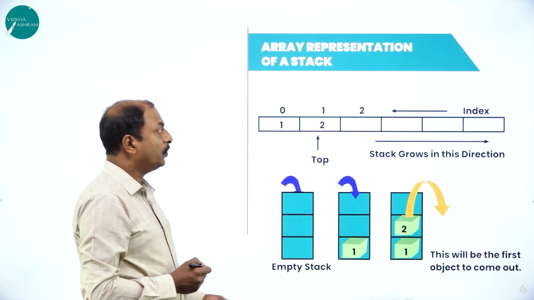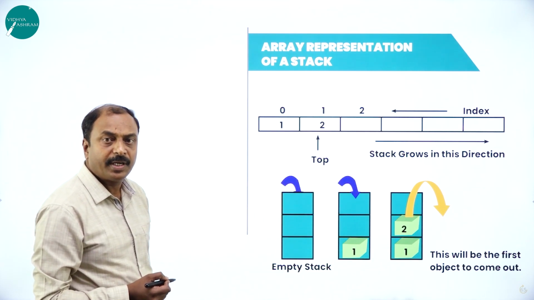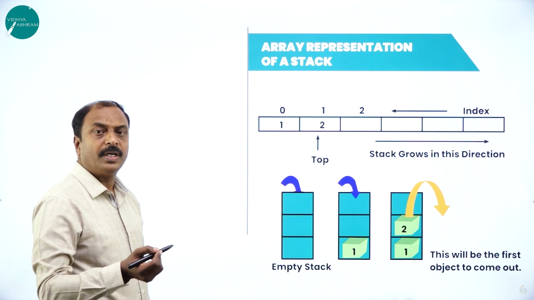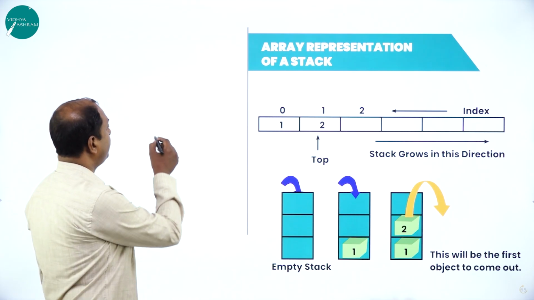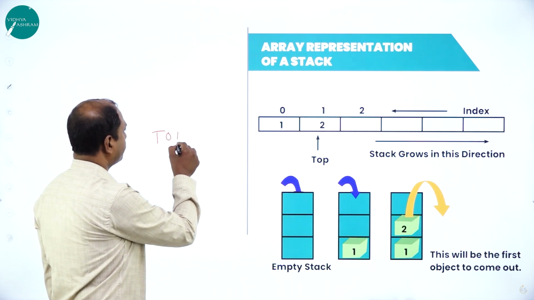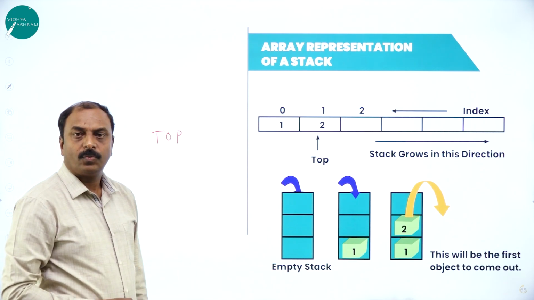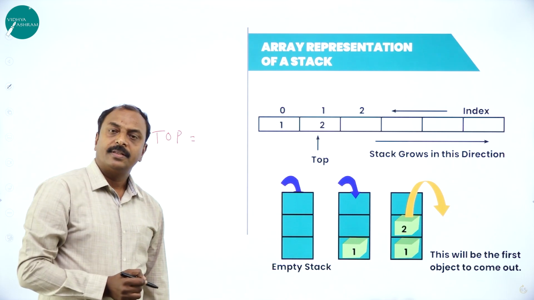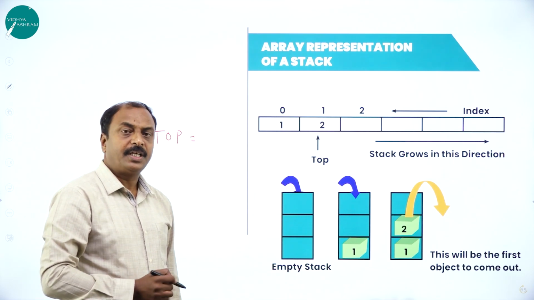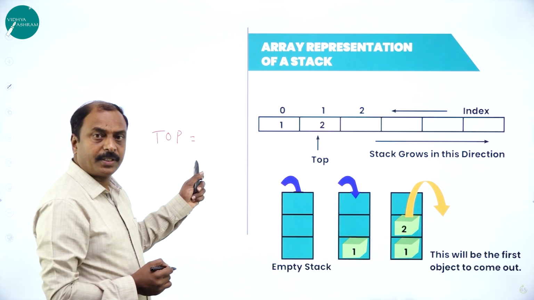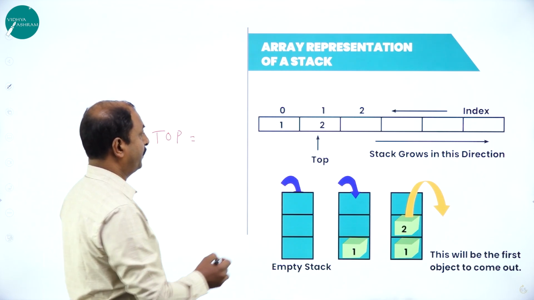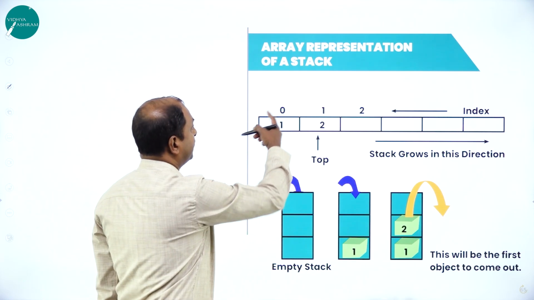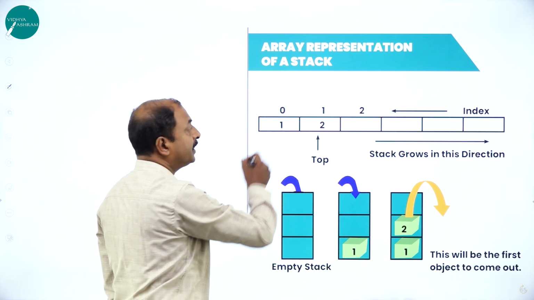In our previous slide, we have learned a few technical terms, like top. What is the top? Top is the pointer variable where the insertion and deletion take place. Look at this example. In an array, the index of the first element is 0.